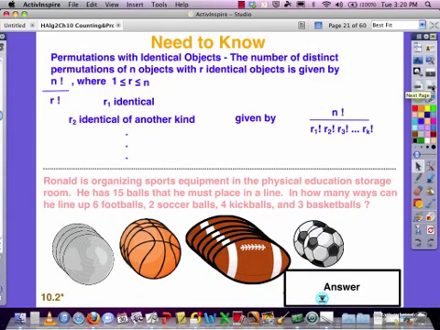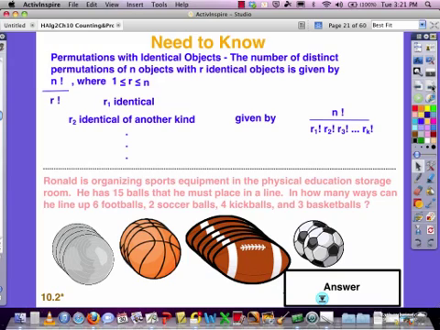Another fact we need to know, permutations with identical objects. If you have several things that you're arranging, the number of distinct permutations of those n objects with r identical objects is given by n factorial divided by r factorial, where that r could be anything greater than 1. So if I have 2 things that are identical, 3 things that are identical.